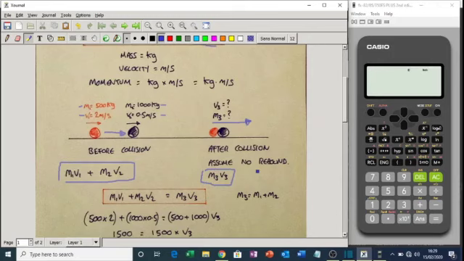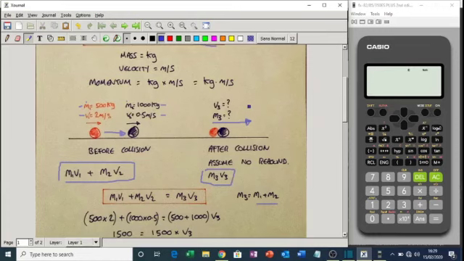Assuming no rebound and no loss in mass, m1 and m2 collide together, so m3 is simply m1 plus m2. So the red ball and the blue ball have collided together, and m3 is going to be m1 plus m2. So in this case, it's going to be 1,000 plus 500.